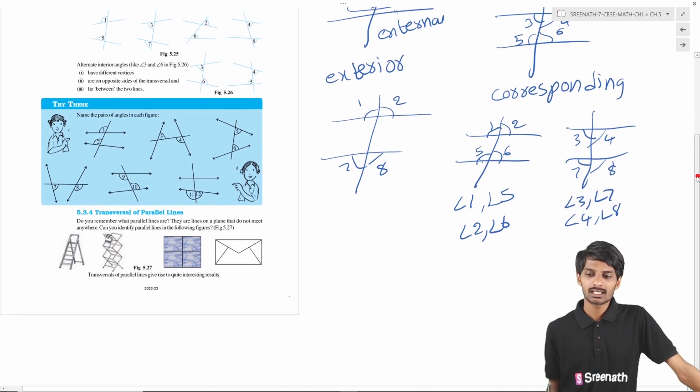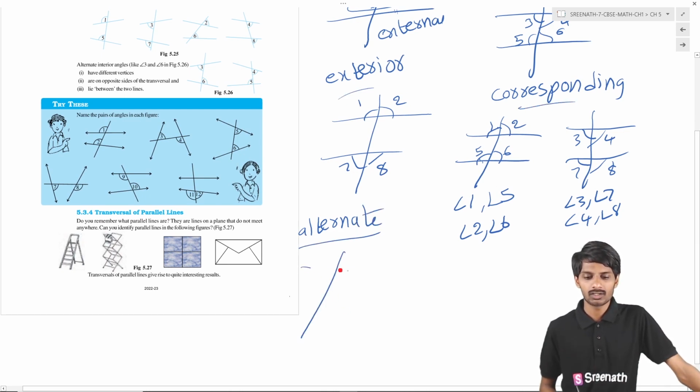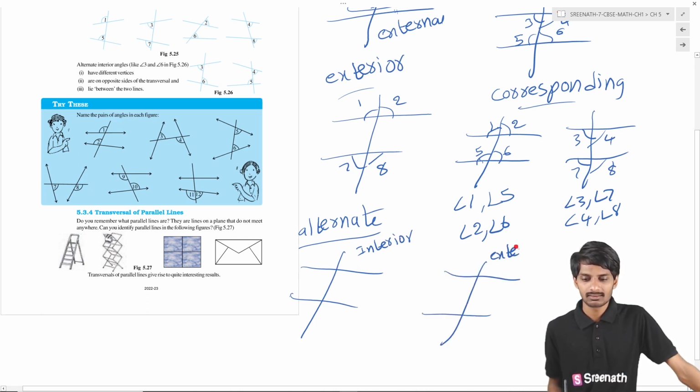Now we will consider the alternate angles. What are alternate angles? Alternate means alternating. Now we'll consider alternate interior angles. Interior angles are the angles in this area.